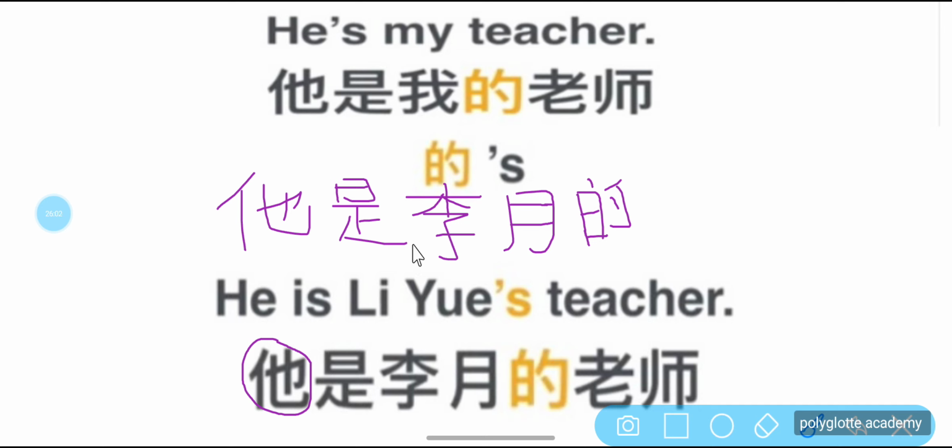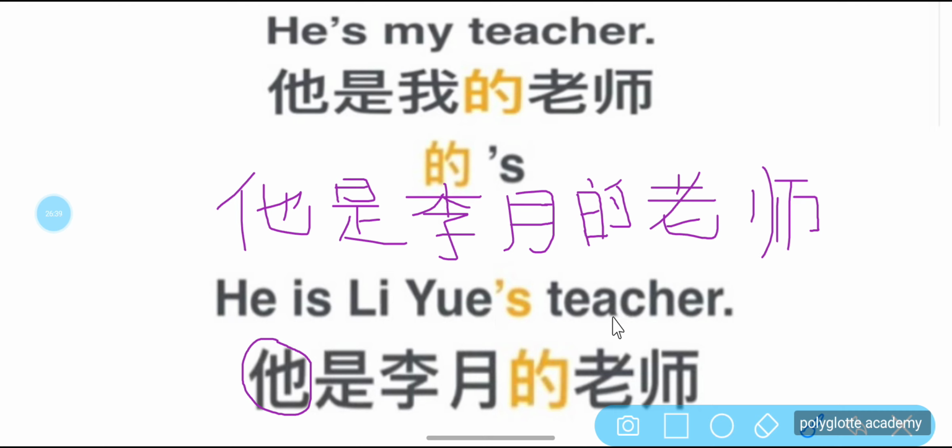The reason why I always write the Chinese characters is to give you a good feeling on how to interact with them. So 他是李月的老师.